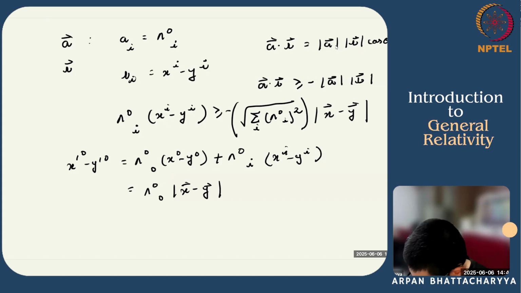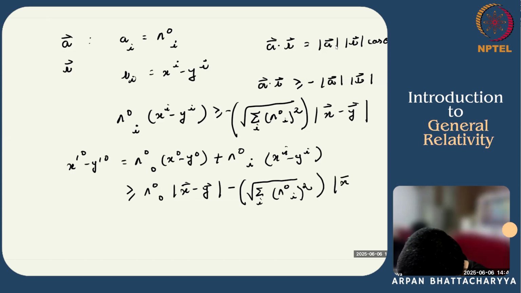And this we will want to replace by this inequality. Remember, this is greater than or equal to this, so we'll have to change this equality to greater than or equal to minus the square root of the sum over i of lambda 0 i squared.